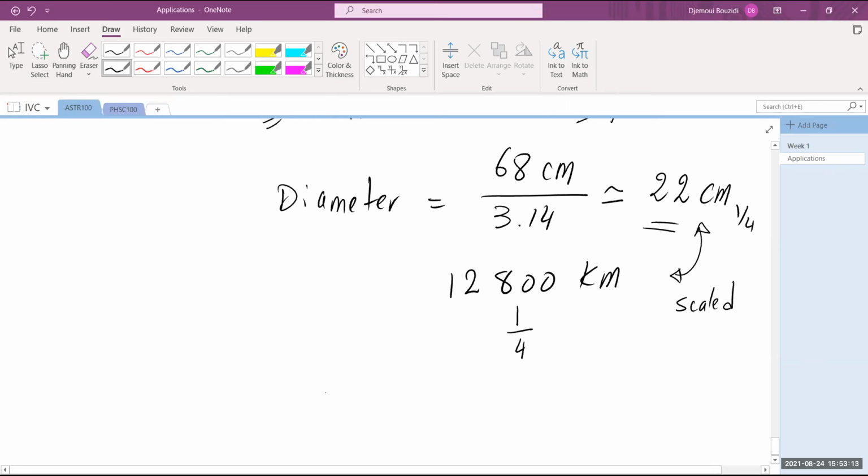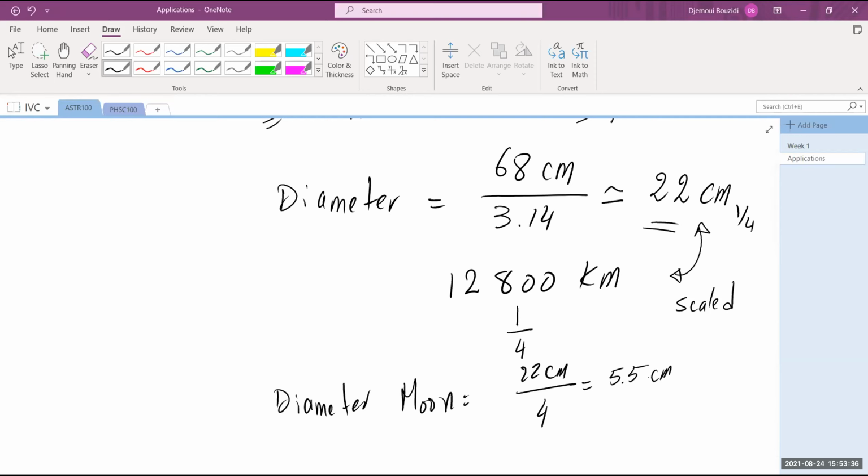So the diameter of the moon must be equal to 22 centimeters divided by 4. If you do the calculation, it's about 5.5 centimeters. 5.5 centimeters is about this apple. Okay, so that is the diameter that I need to bring.